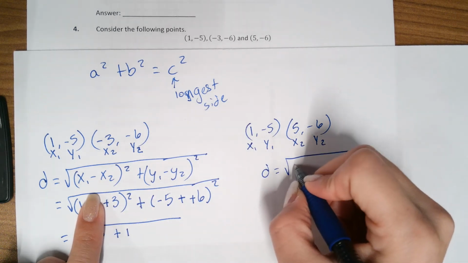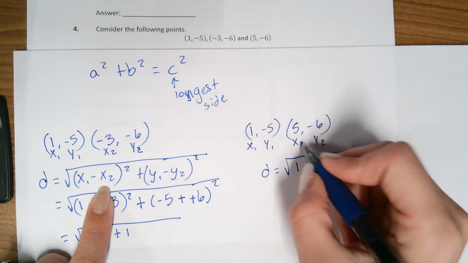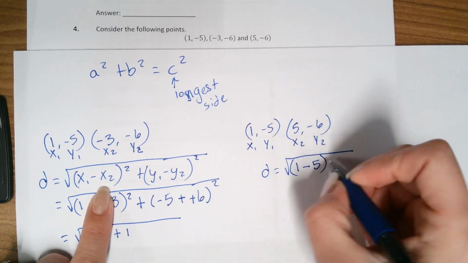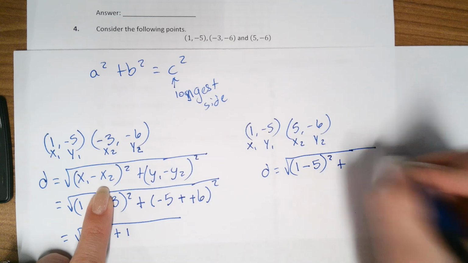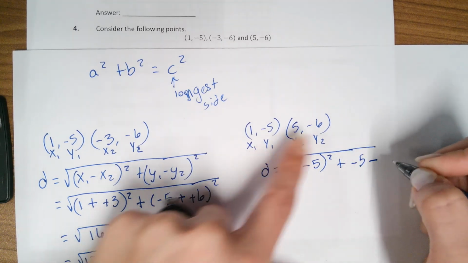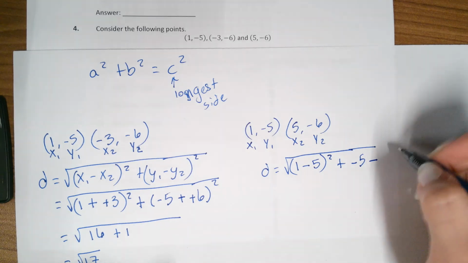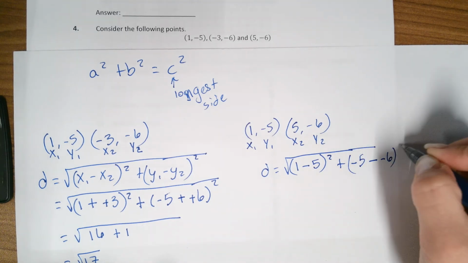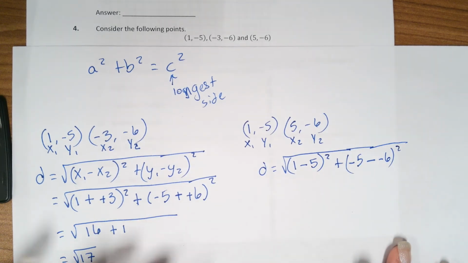So x1 is 1 minus x2, we labeled as 5. y1 is -5 minus -6. And again, we'll simplify.